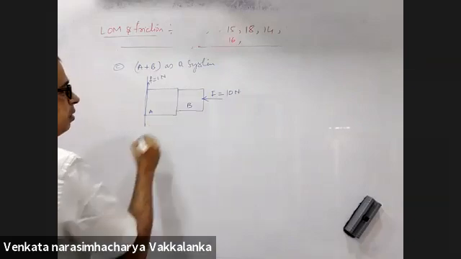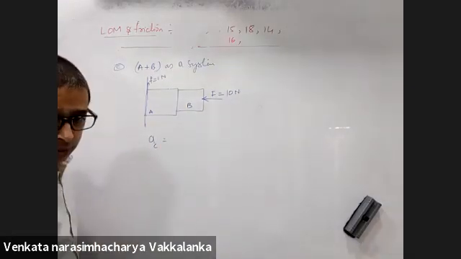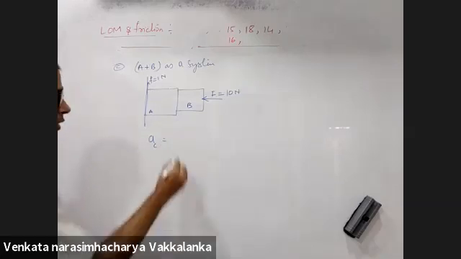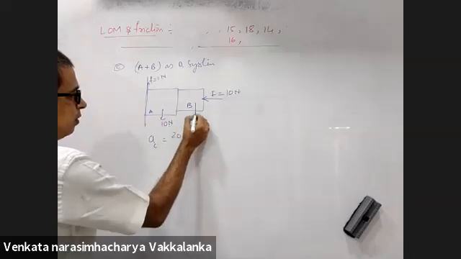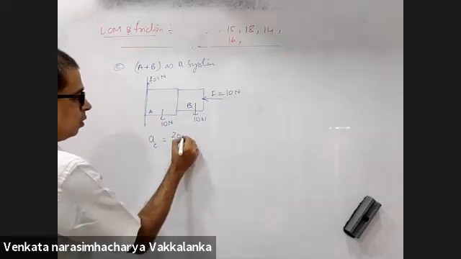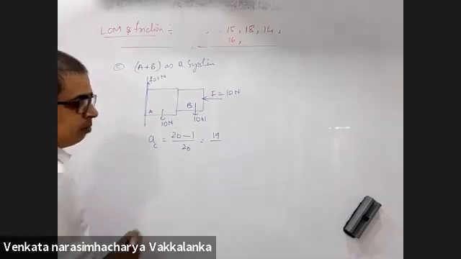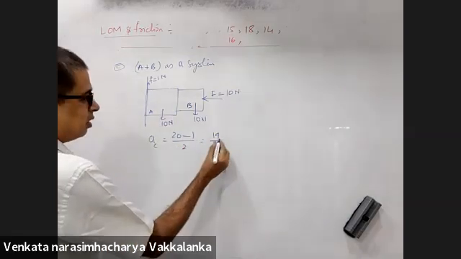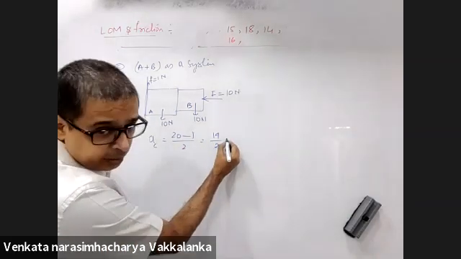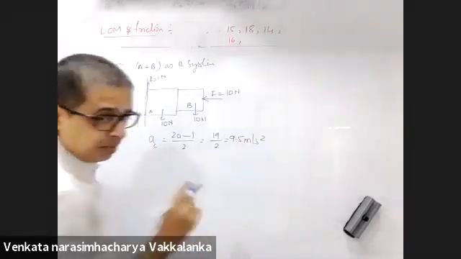This is A and B. Net total, what will A common be? 20 minus 1 by 2, 19 by 2. How much will that be? 9.5 meter per second square.